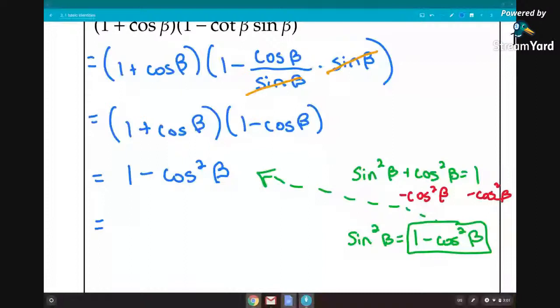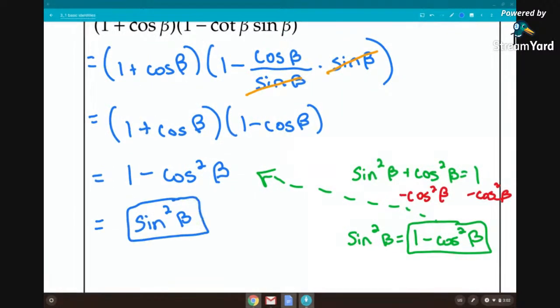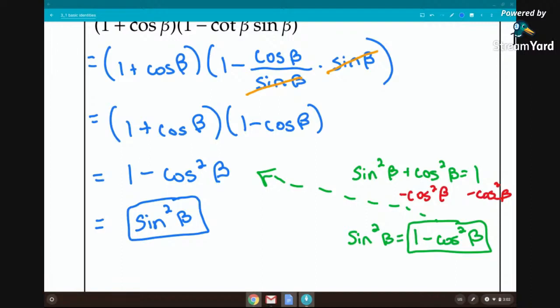So the argument is, since we have two terms, 1 and negative cosine squared beta, it's just easy to call this sine squared beta. So this is pretty common practice. Again, I just want to remind you that your biggest clue to do this is that you have a trig function being squared and that it contains the value of 1 in it. All right.